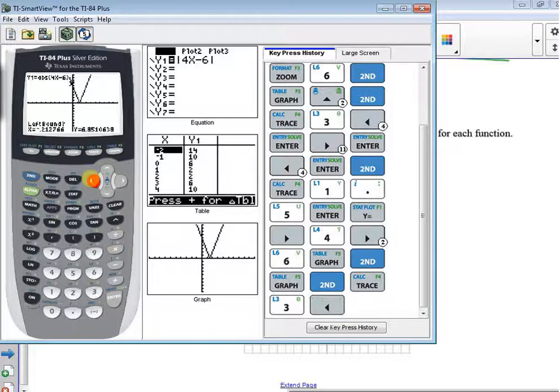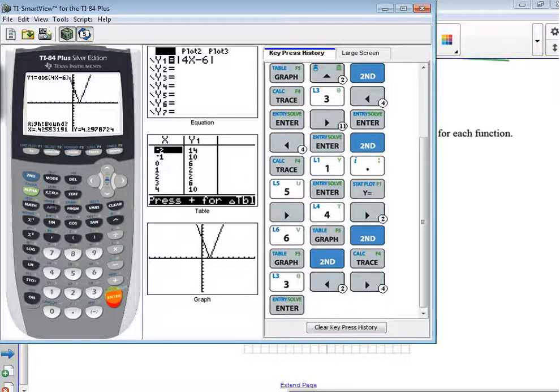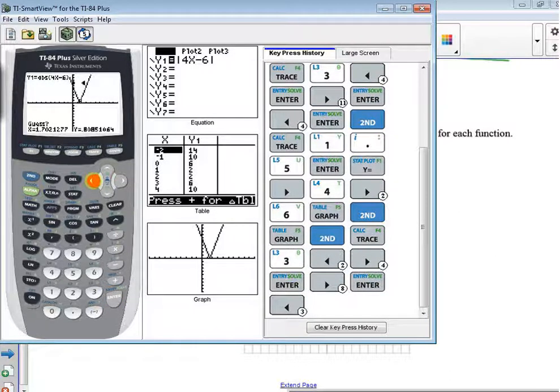Get that cursor, use this left arrow. Just get a little bit to the left and hit enter. Then a little to the right of that minimum and hit enter. And for the guess, put the cursor on the minimum and hit enter.